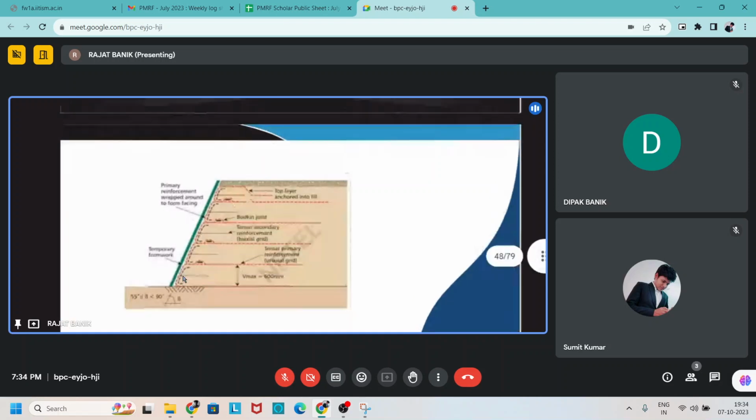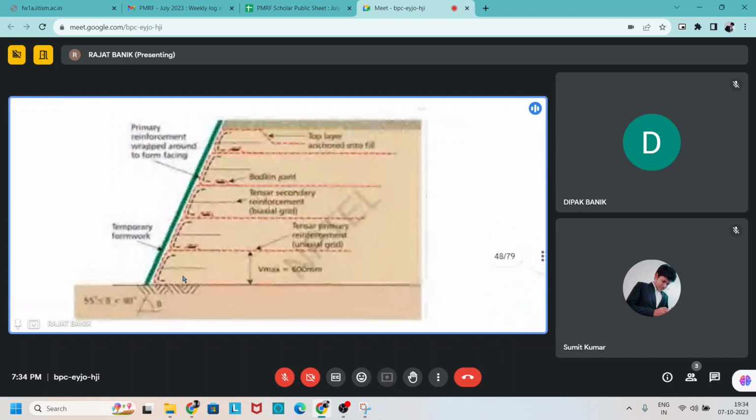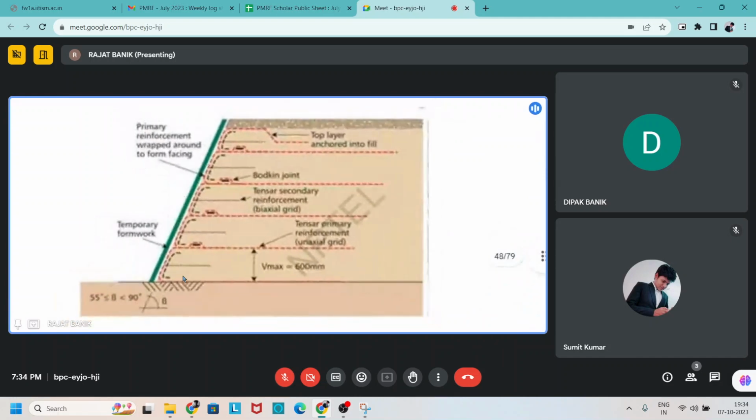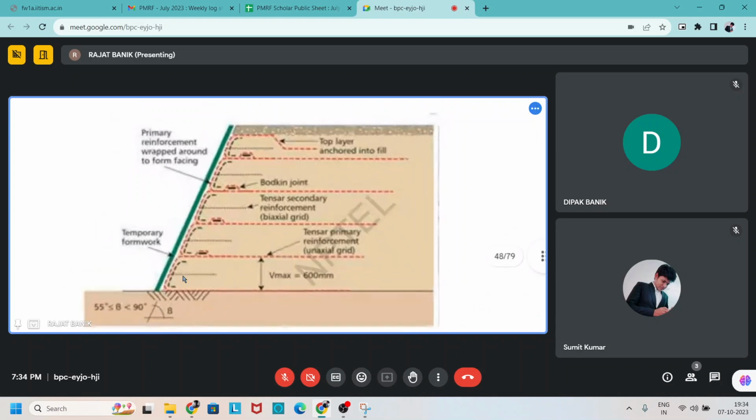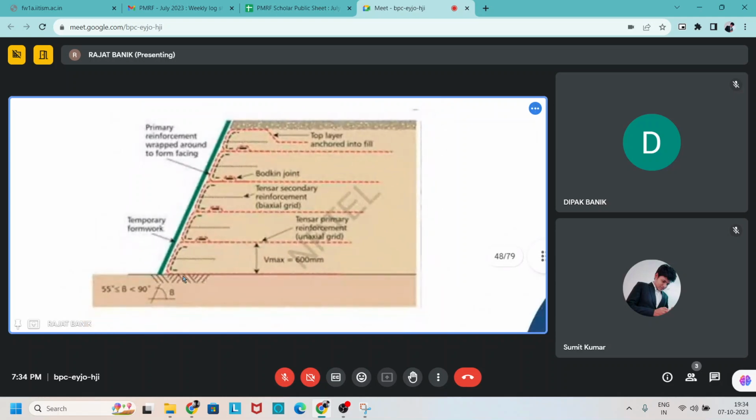You can see that this figure is not very clear, so please try to understand. We see that we can stabilize the slope by using it as a reinforcement.